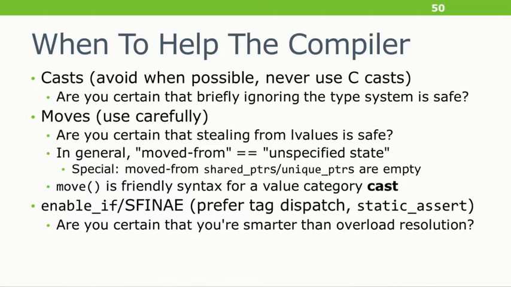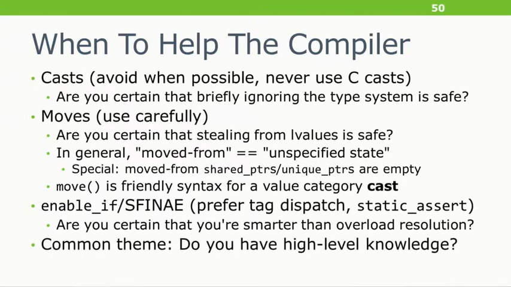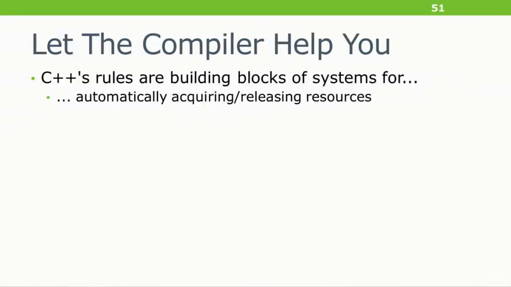If you are smarter than overload resolution, then use enable_if to disambiguate. Otherwise, you should use the more specialized and safer and simpler tools of tag dispatch and static_assert, either to select between implementations or to just verify that incoming types are valid. So all of these things, you should be trying to do something different than what the compiler would ordinarily do only when you have high-level knowledge that this is safe.